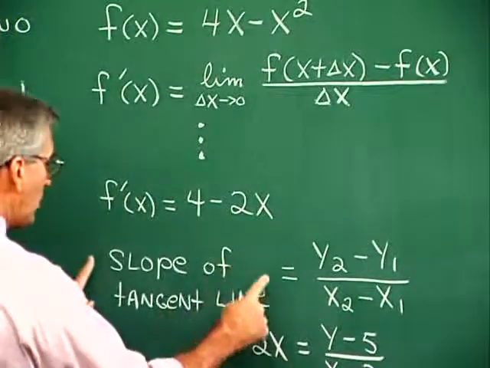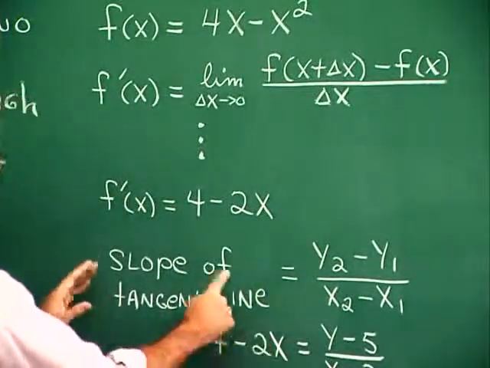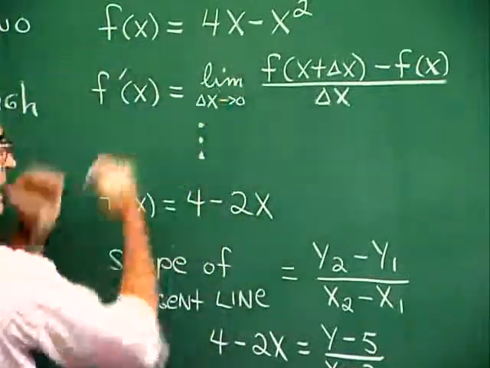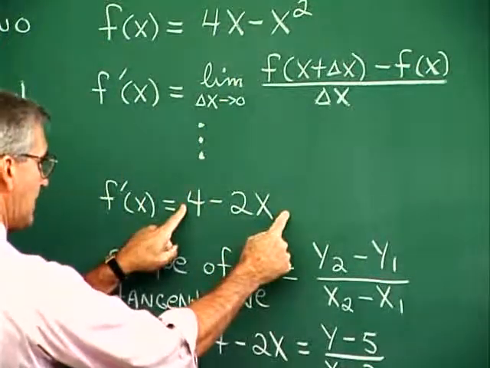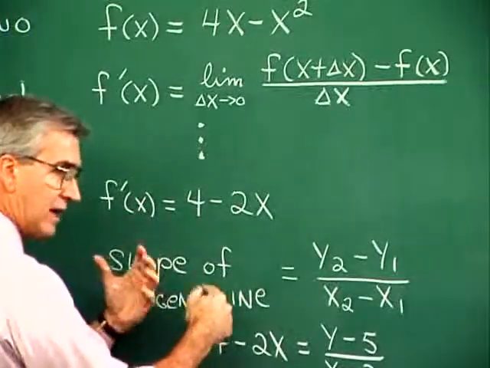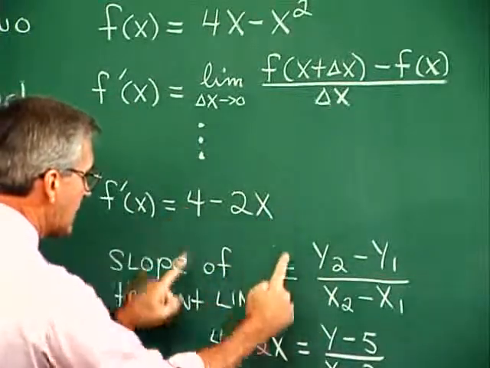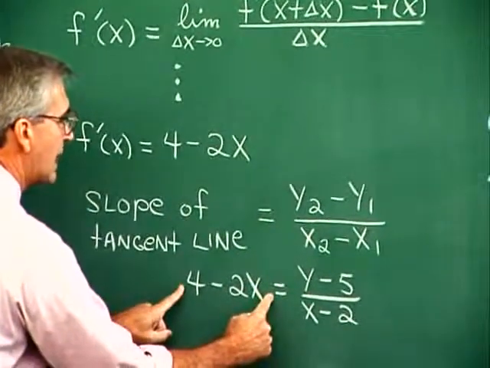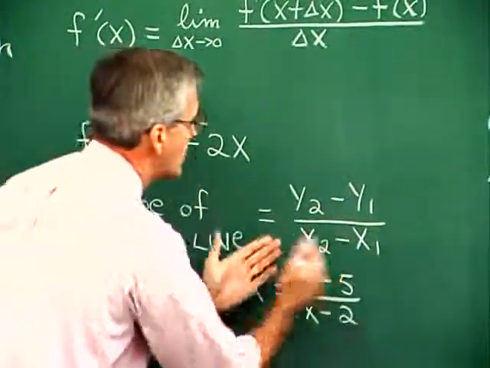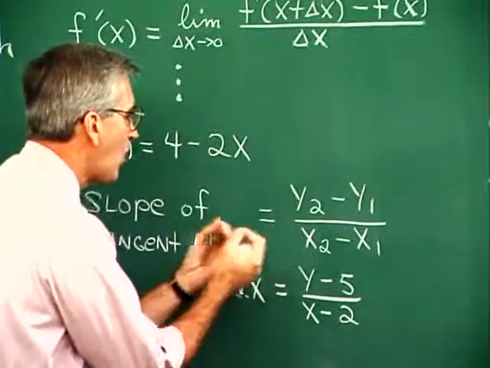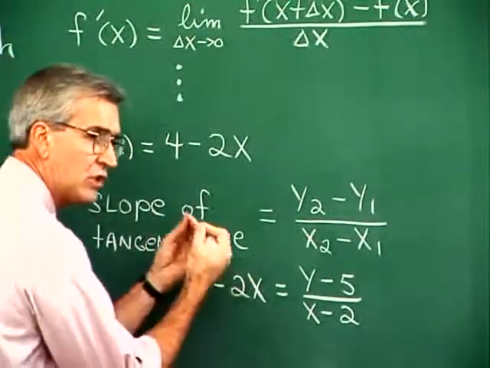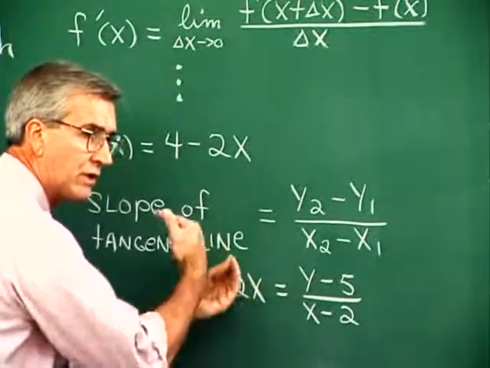Now the slopes of tangent lines for the graph of that function are given by this. So the slope of this tangent line, instead of being m, we can write this. So slope of tangent lines is given by this. Now what about this business over here? Well, we have a point. We want the slope of the tangent line to contain that point 2,5.